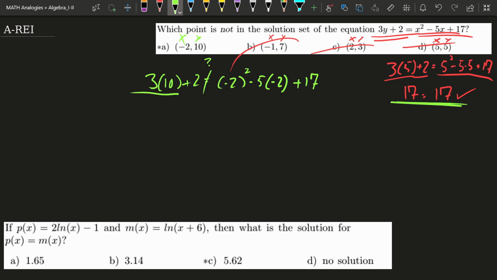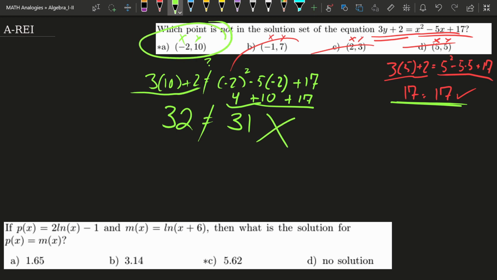So we would have 30 plus 2 is 32. Is that really not the same as 4 and then plus 10 plus 17? So this is like 27 and 4 more would be 31. Womp womp. So that's our only non-solution, making choice A the winner.